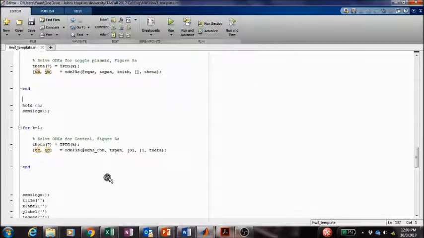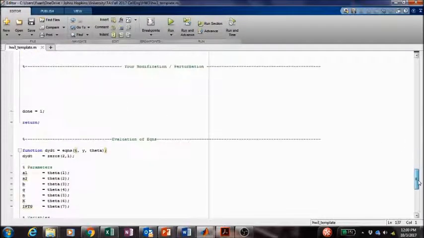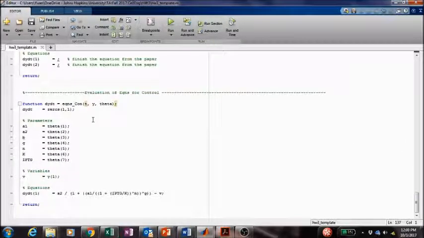And then the final thing that you need to do is to get that blue curve. So the blue curve, remember, is the control plasmid that they mentioned in the paper. So it's not going to be the toggle plasmid, so we're going to use a separate set of equations. And for this, the equations are actually already given to you. So if you look at the equations control, scroll down, not much you have to change down here, I don't think.